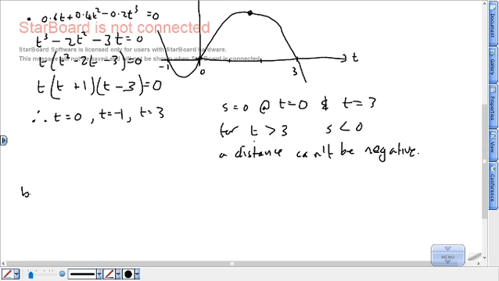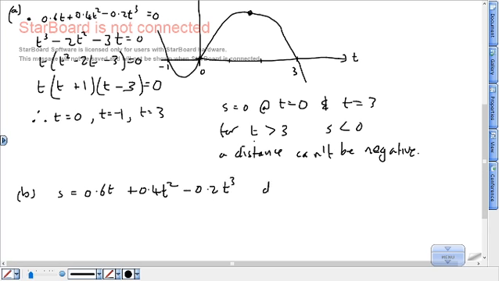So part B, or you should have called that part A, we end up with s equals, and I'll go back to the beginning, I can see it there, 0.6t plus 0.4t squared minus 0.2t cubed.